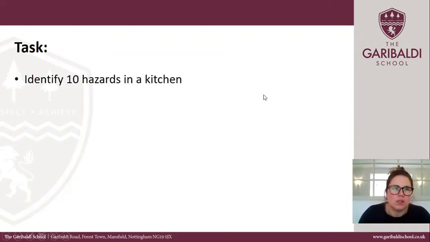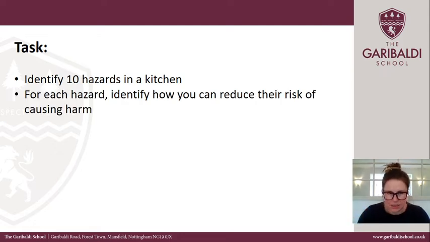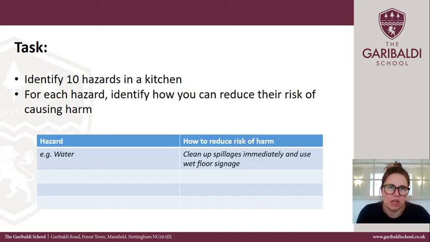So what you're going to do is you're going to identify 10 hazards in a kitchen. It could be a home kitchen, school kitchen, catering kitchen, whichever you find easiest. And you're going to identify how you can reduce the risk for each hazard. So for example, water could be a hazard. To reduce the risk of harm, you might say clean up spillages immediately and use appropriate wet floor signage.